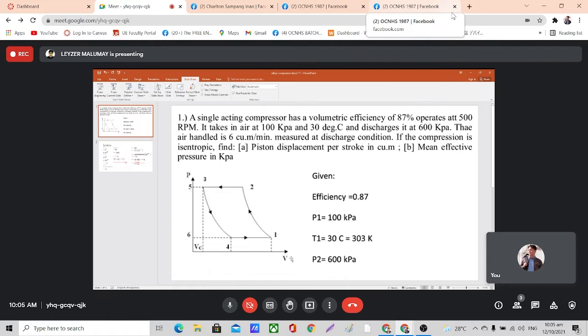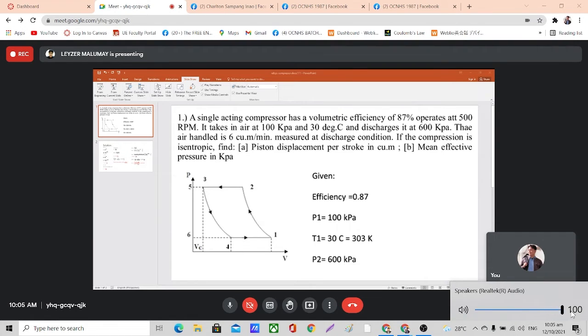A single acting compressor has a volumetric efficiency of 87% and operates at 500 RPM. It takes in air at 100 kPa and 30 degrees Celsius and discharges it at 600 kPa.